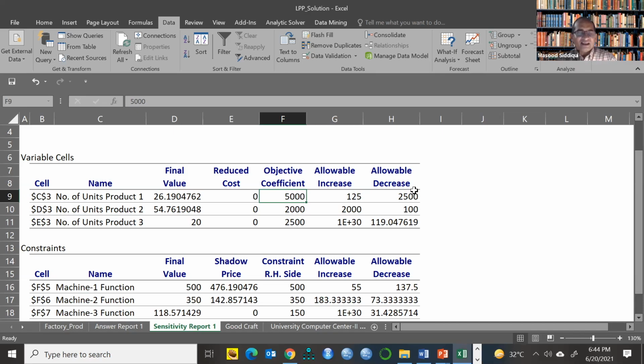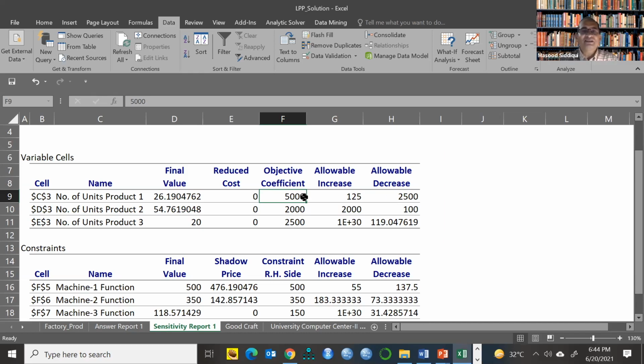This range is known as the insensitive range or the allowable range, where our current solution remains applicable. If the values remain in this range, then our solution is insensitive and there is no need of solving our problem again. But if it crosses that range, that is known as a sensitive solution, where the allowable range has been crossed.